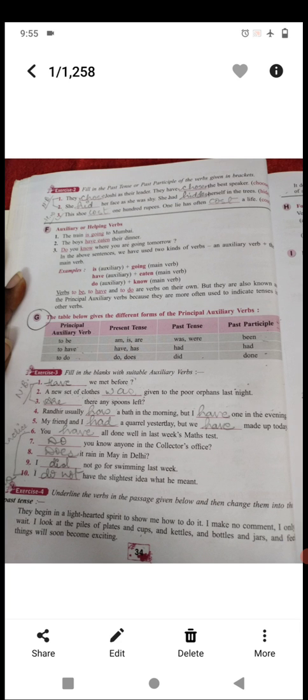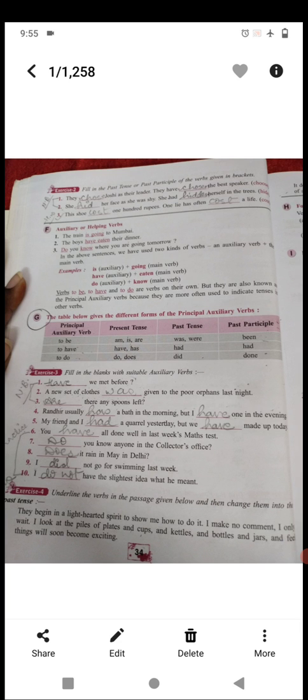Now see here, fill in the blanks with suitable auxiliary verbs. See here, exercise number 3. Dash we met before. To have form is there in present tense. Have we met before. A new set of clothes dash given to the poor orphans last night. When last night has come, it means we are talking about past, and we are going to use the to be form.